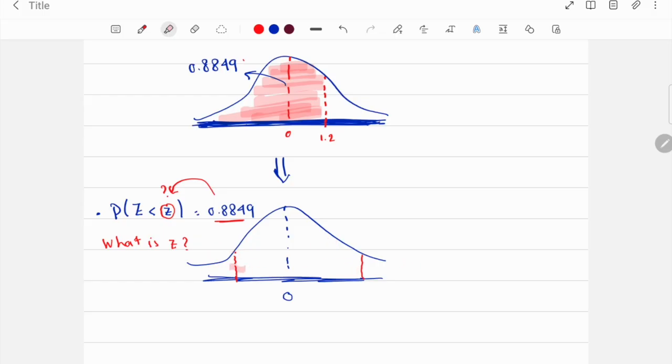So z cannot be here. z should be on the right-hand side, because then the area at the left-hand side of this z is going to be greater than half. So we have to find that z such that the area underneath the curve at the left-hand side of it is 88%.